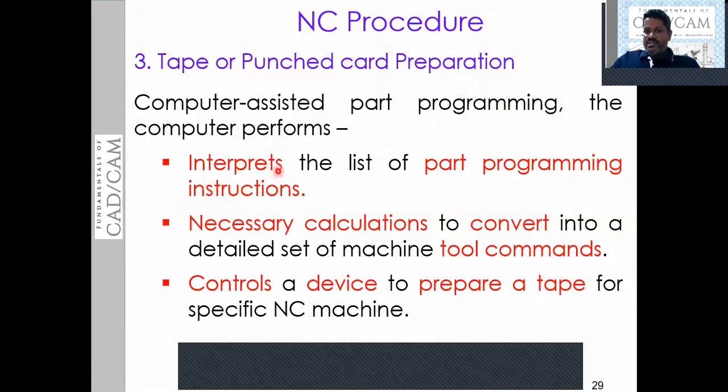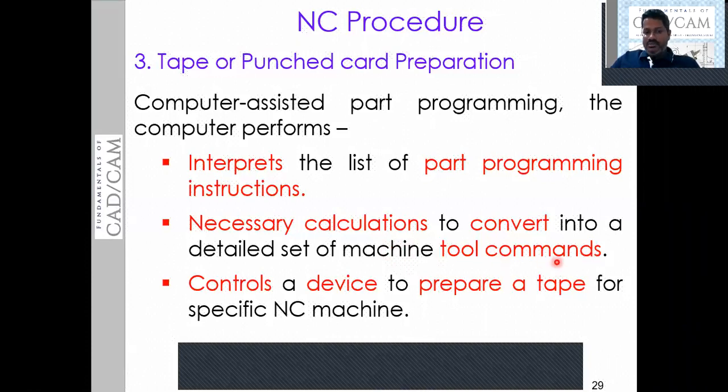The computer is going to interpret the list of part programming instructions, and it performs the necessary calculations to convert them into the detailed set of machine tool commands. In the case of computer assisted part programming, the computer will perform some calculations and convert those into the detailed set of machine understandable tool commands.